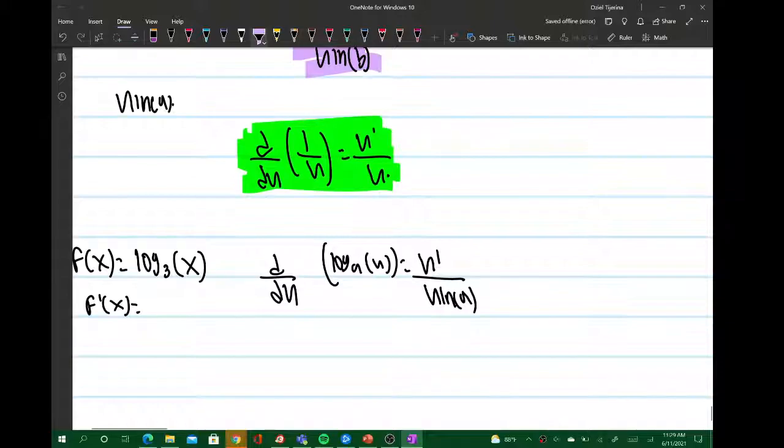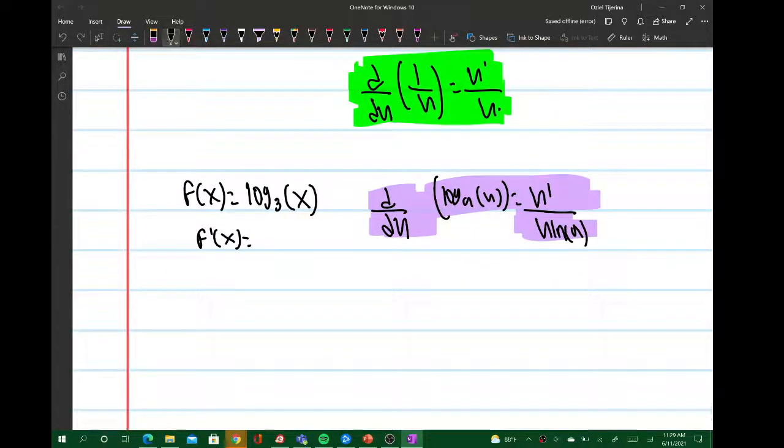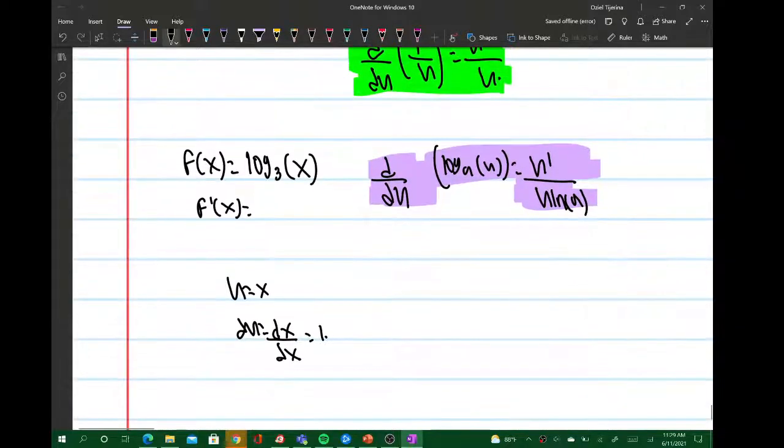Now, this is the formula. So what does that mean? That means that u here, u equals x. So that means that du is really just going to be 1 because we're taking the derivative with respect to x. So really it's going to be dx over dx, which is just 1, right?